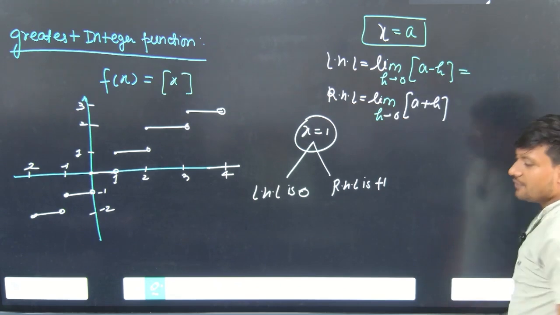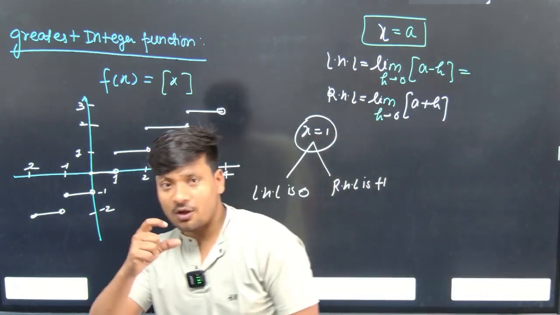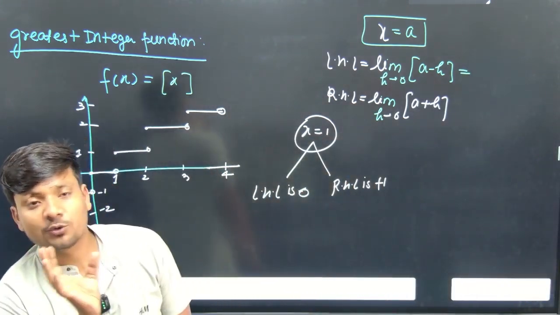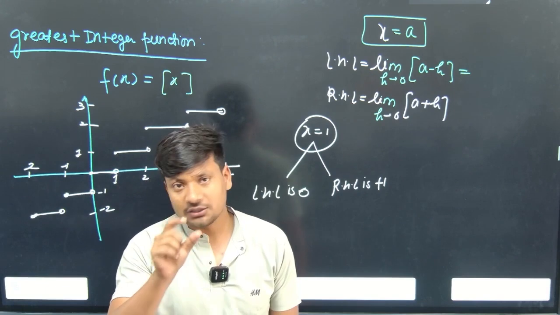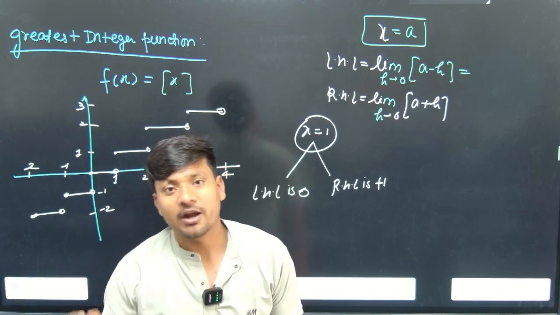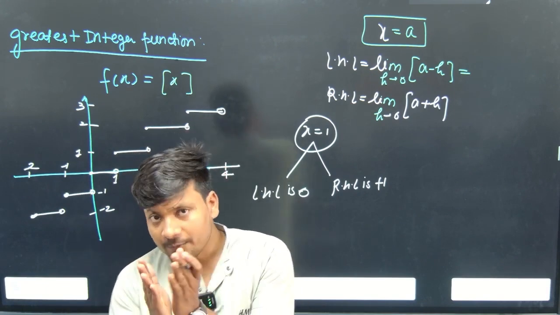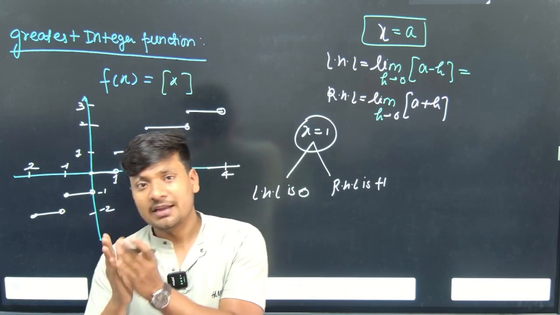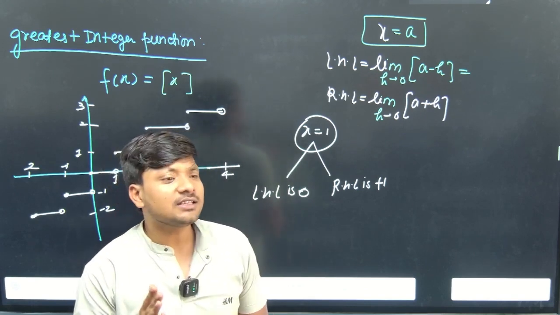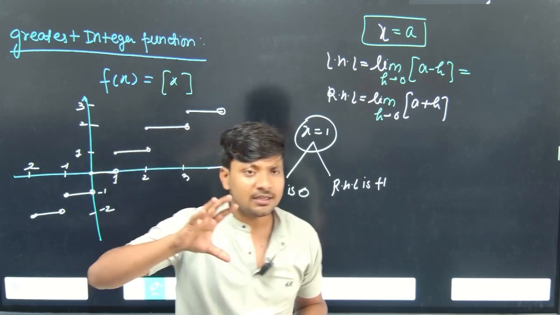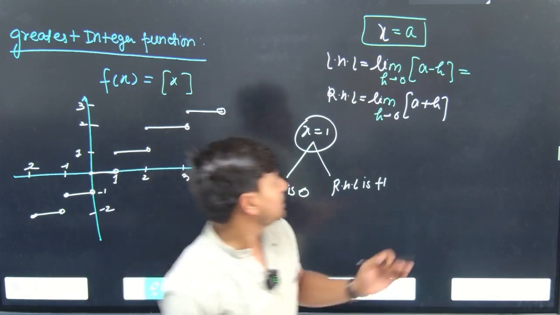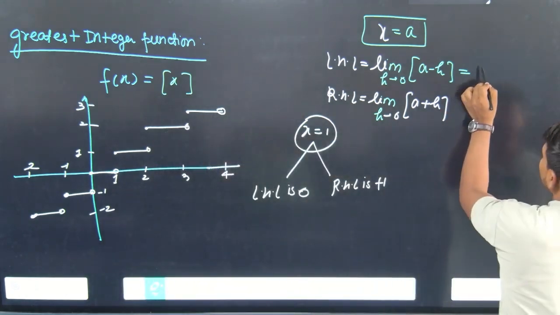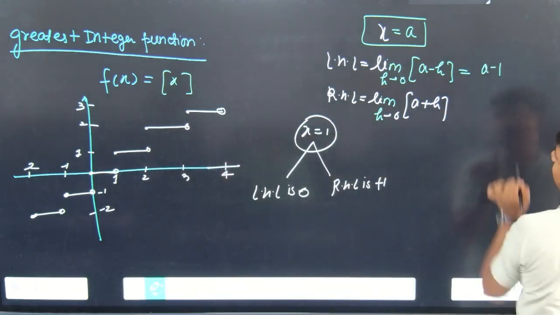If we subtract some small value from a, suppose a is 2 and we subtract 0.1, it becomes 1.9, and the greatest integer of 1.9 is 1. So that will be a minus 1.